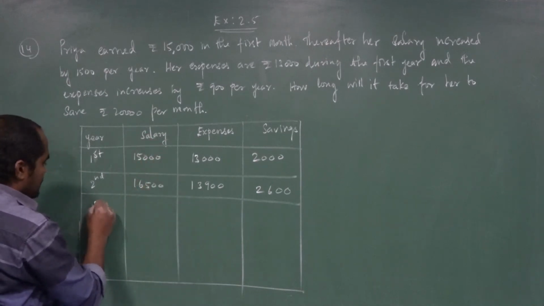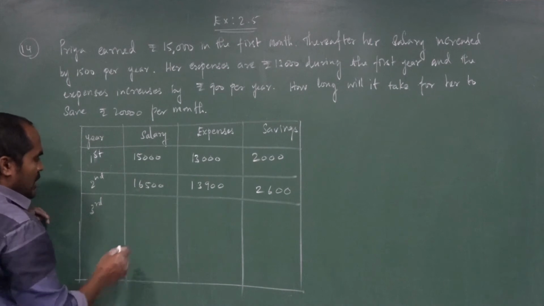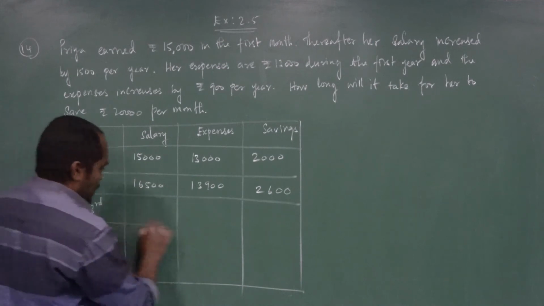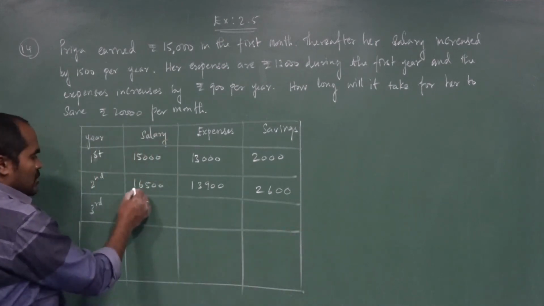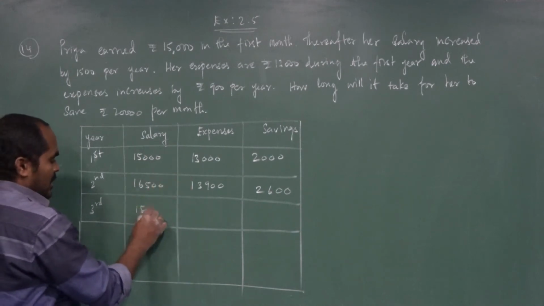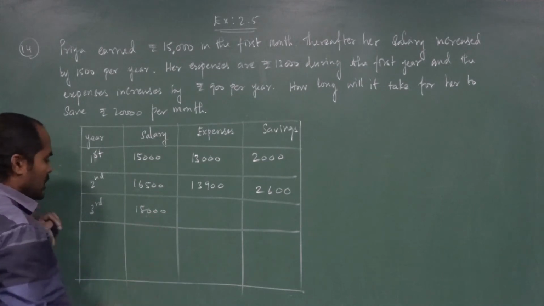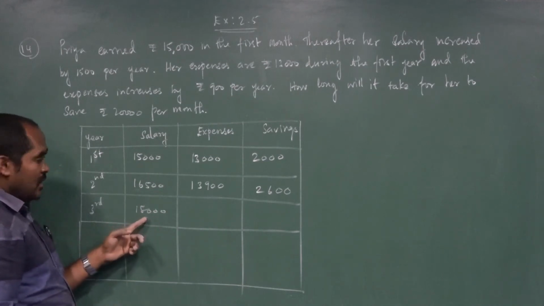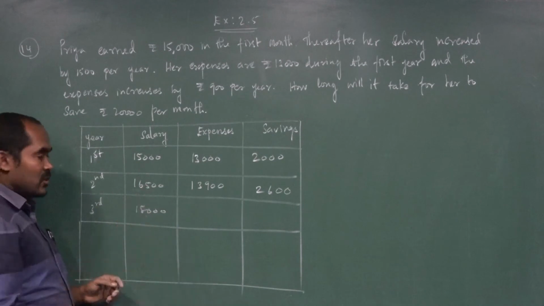So third year, Priya's salary also increases, 16,500 plus 1,500, we get 18,000. So in the third year every month Priya got 18,000, January to December.